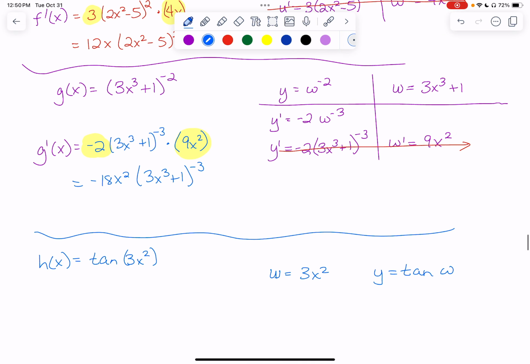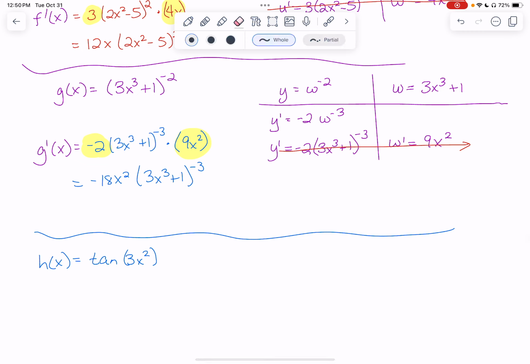All right, this next one, let's change the order these are in and copy that down. So here I have the tangent of 3x squared. Remember we said our w, the innermost function, was that 3x squared. And my outermost function was equal to tangent of w.